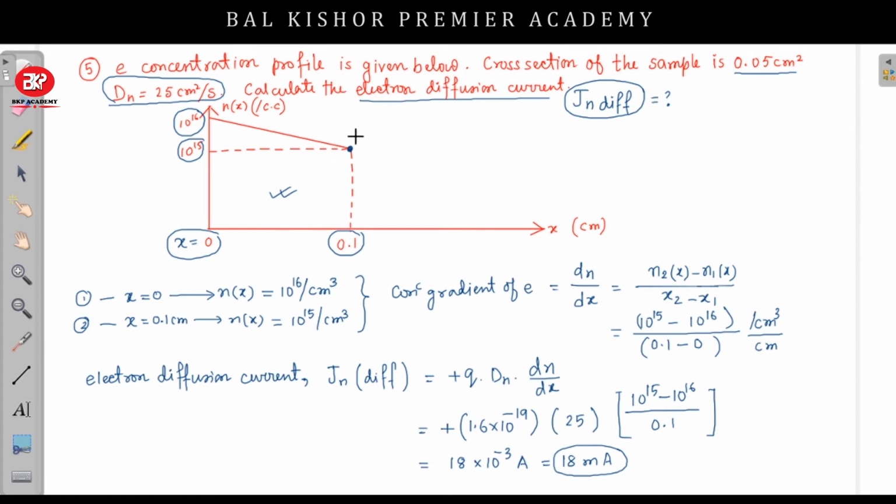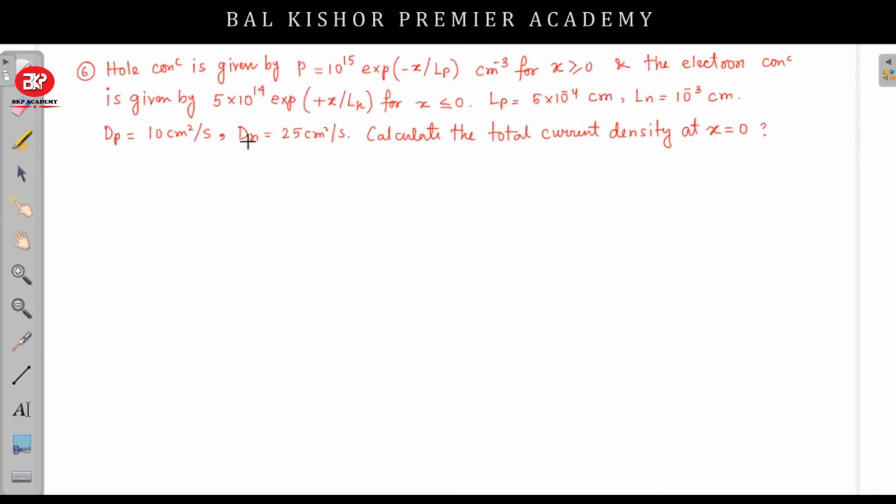So in the next problem, what is the next problem? In this next problem, we can see that the hole concentration is given by an equation, and it is valid for x greater than or equal to 0.